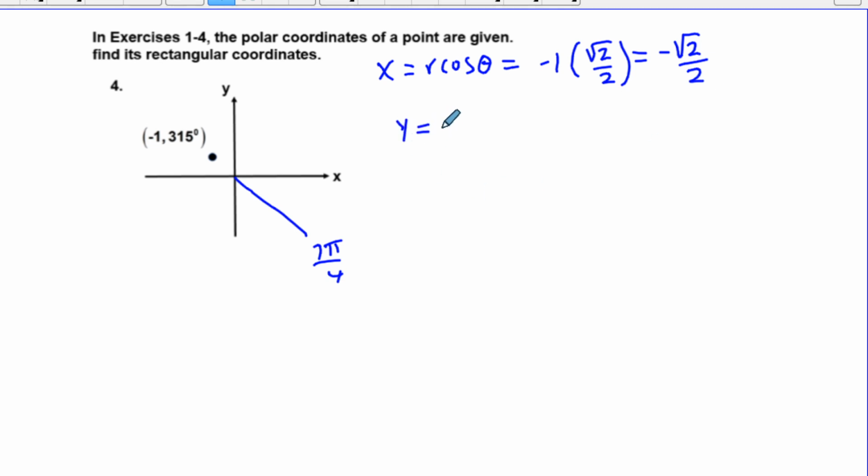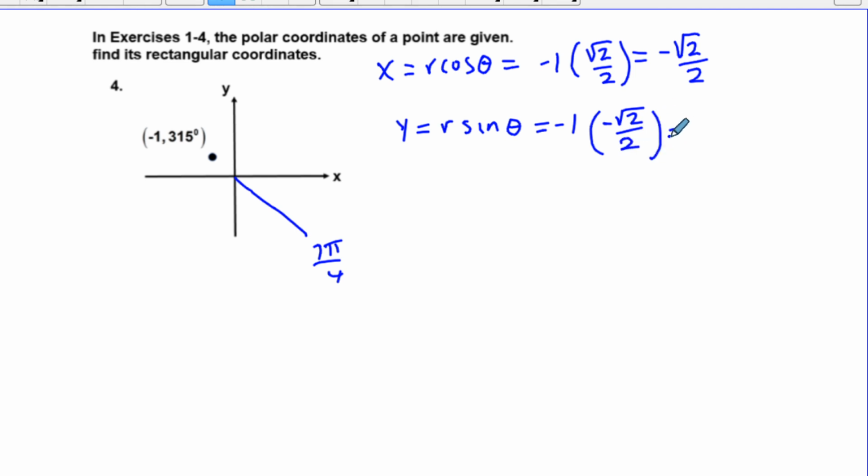y equals r sine theta, and that's going to be -1 times sine, which down here is negative. So we have negative square root of 2 over 2.